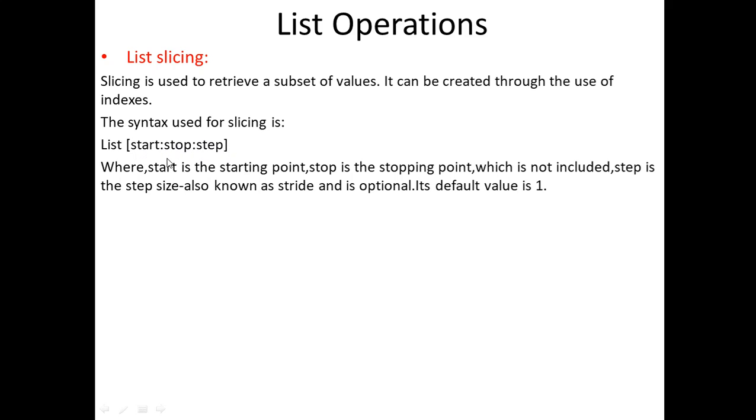Start is the starting point, stop is the stopping point which is not included, and step is the step size, also known as stride, and is optional, and its default value is 1. If you have not specified any step value, its default value would be 1. So you can skip this step. The stop value is not included; whatever you mention, values less than that will be considered.